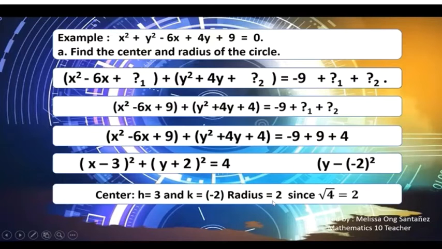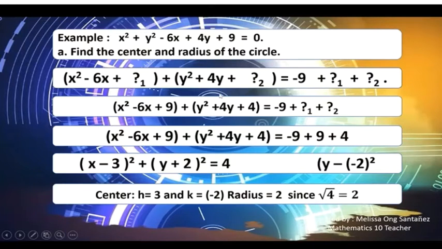So once more, what you will be doing first, group the x terms and the y terms. Put a space here because you will be adding a numerical value, a constant number, that will be the coefficient of your x divided by 2. Make sure you follow this sign and square it. Same with the y, coefficient of your y divided by 2.